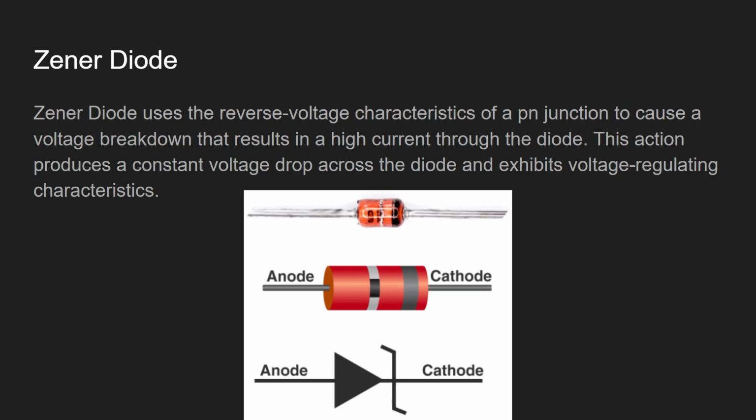If your circuit works at 10 volts, but your voltage input is 12 or even higher, it will help to limit the voltage to 10V to protect your circuit. So it also helps to stabilize your voltage. That's why sometimes we refer to it as a voltage stabilization diode. In Chinese it's called 穩壓二極管. But in English we just call it Zener diode.